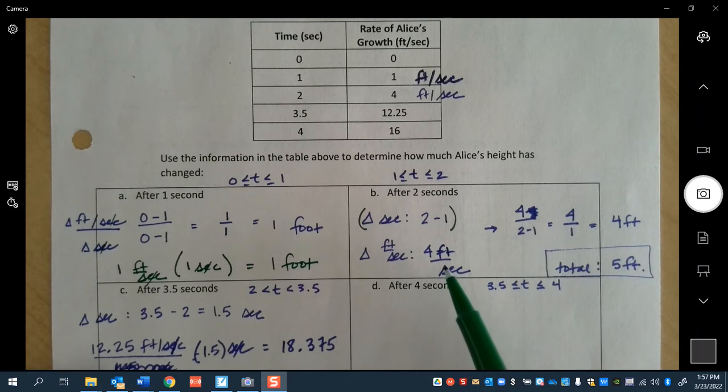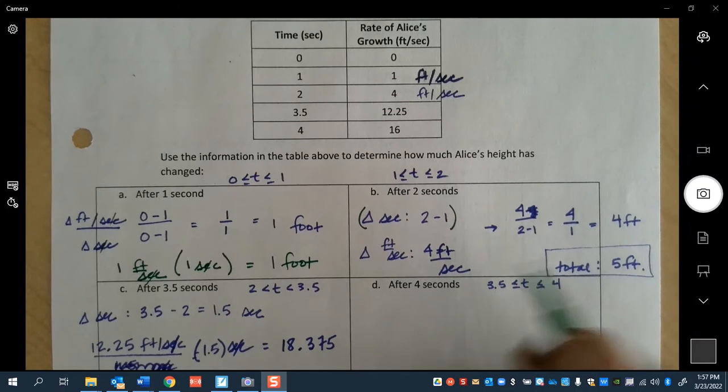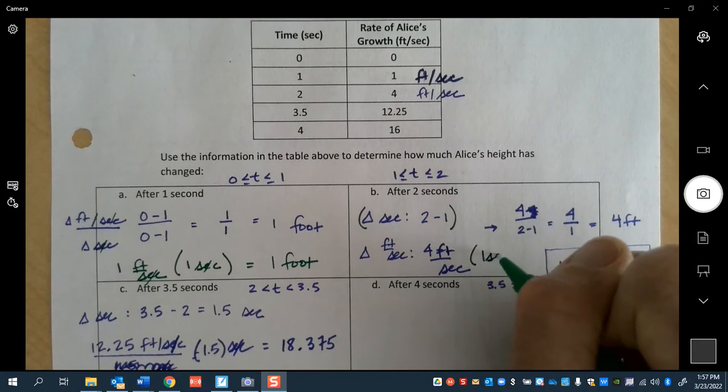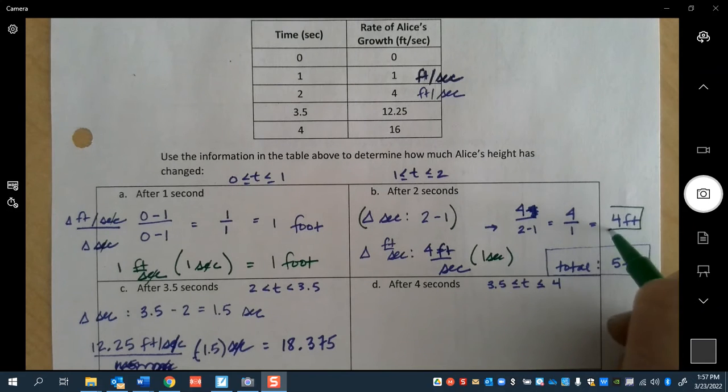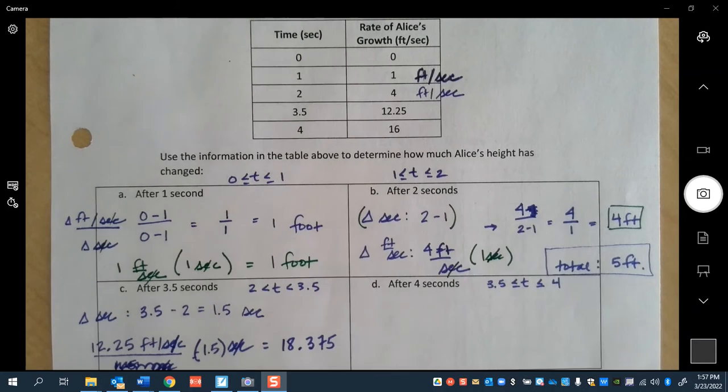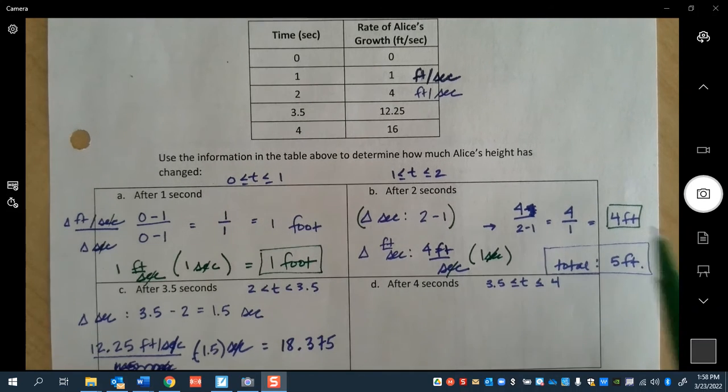So that 4 feet per second, when I multiply 4 feet per second times that 1 second that I'm measuring, that's how I get this 4 feet, because these seconds cancel out. So her 1 foot she grew here, and her 4 feet she grew here. She's now at a total of 5 feet tall. Because remember, we're going backwards from our rate to our position. So we're canceling out our unit rates.